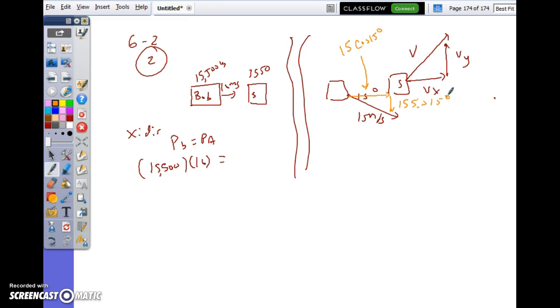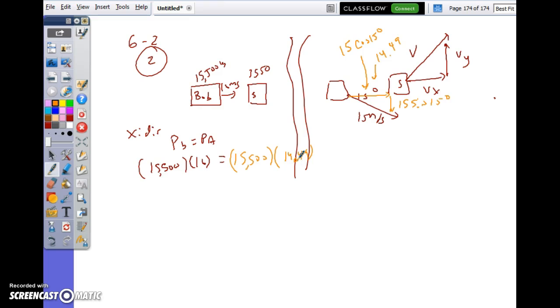15, let's see here. What's my angle? I gotta check to see my mode. I'm in degrees. So now I'm going to go 15 cosine of 15. And that means my x component is 14.49. Is that okay with everybody? 14.49? So that means I'm going 15,500 times 14.49.